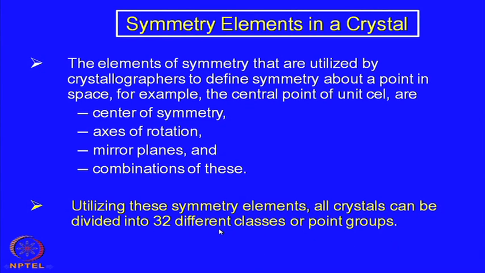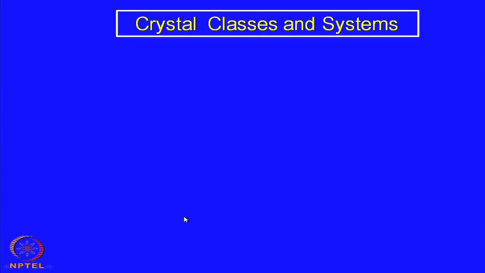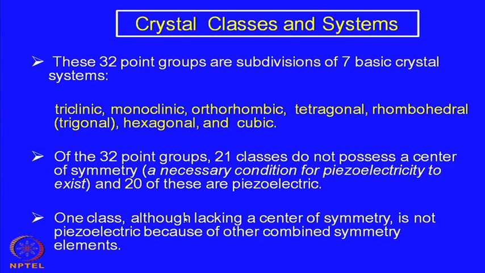crystal classes, and we have also discussed this briefly during the discussion on crystal structure. These 32 point groups are subdivisions of the basic crystal systems. Then we have Bravais lattices and so on. There are basically 7 crystal systems. So, one should distinguish between 32 crystal classes and crystal systems.